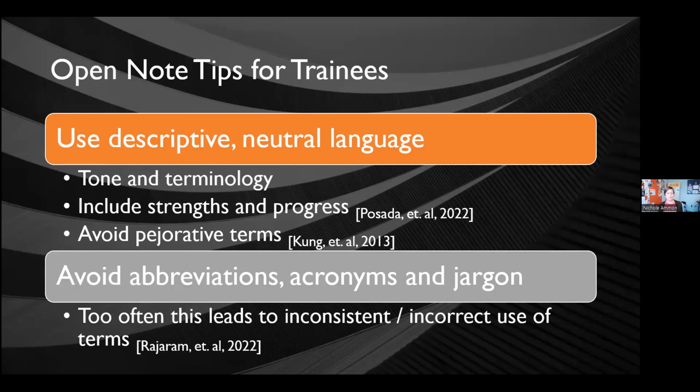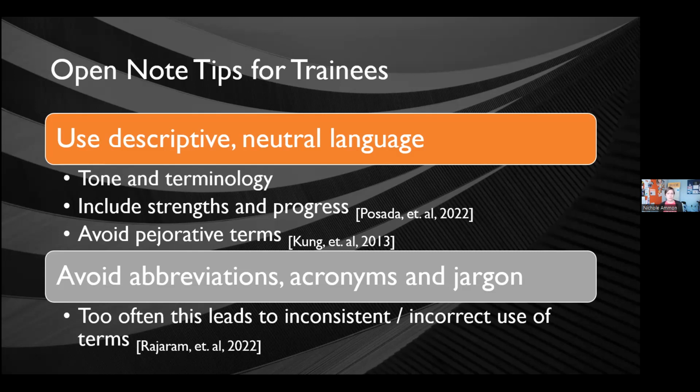That doesn't show the care team what other progress is being made with patients, so make sure to include those, and avoid pejorative terms, so things like unkempt, disheveled. And actually, one positive with open notes is that when looked at over time, people do tend to write in a less judgmental way, knowing that patients might actually read that.